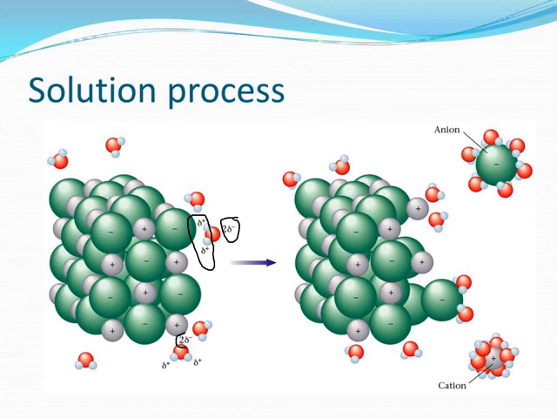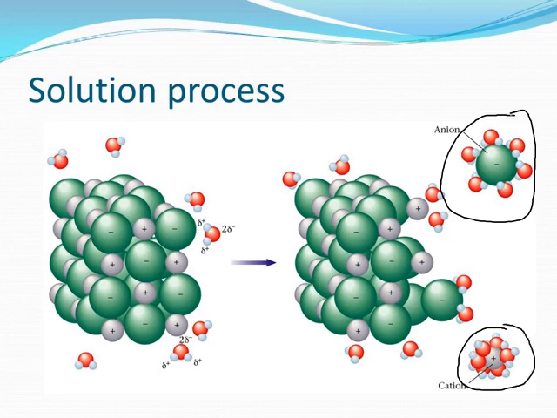So here, negative end, here, positive end. So they attract, and then we see the picture on the right. Here, that would be like that chloride ion being surrounded by the water molecules being carried away. Here you have that sodium ion surrounded by water molecules being carried away. This is how something dissolves.